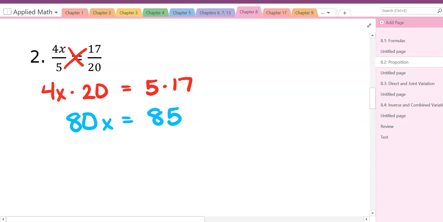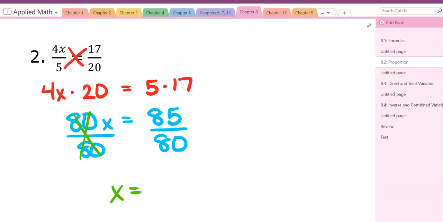Okay, and then what would you do? How do you get x alone? Divide by 80. Well, can we reduce that? You probably could. You could probably take a 5, at least a 5 out of both of them.